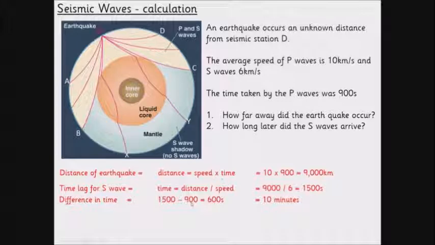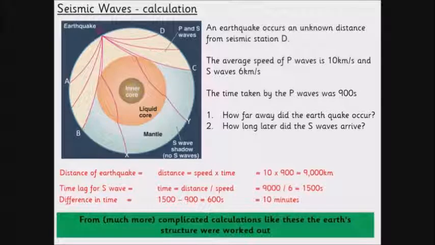So 1,500 minus 900 gives us 600 seconds, which is of course 10 minutes. So you can see there would have been a time lag from the one earthquake. The two different waves would have taken different amounts of time. And from calculations such as these, obviously much more complicated, the Earth's structure was worked out over the years.